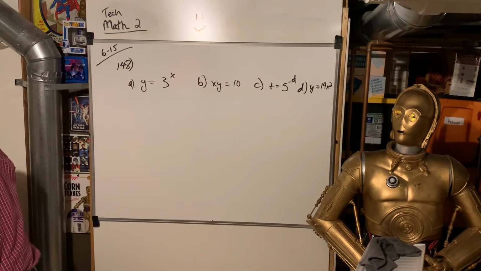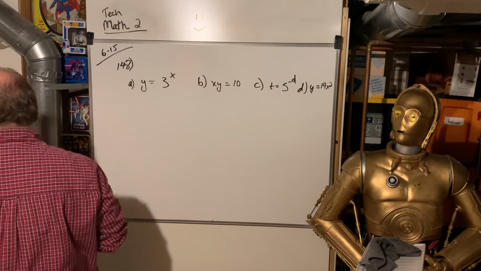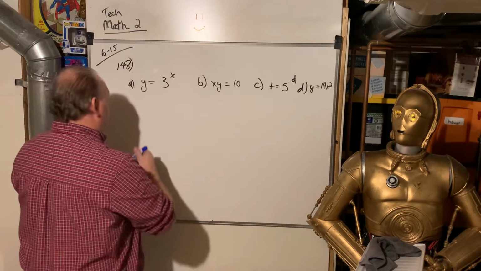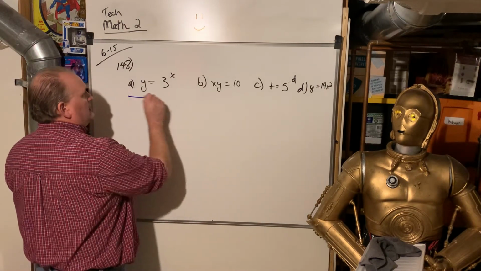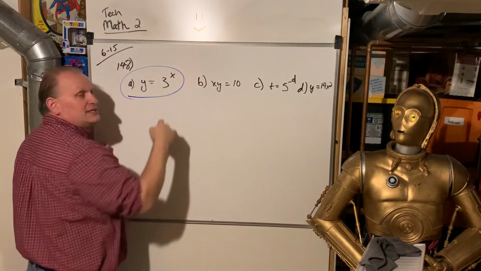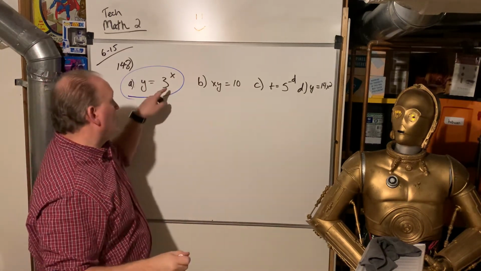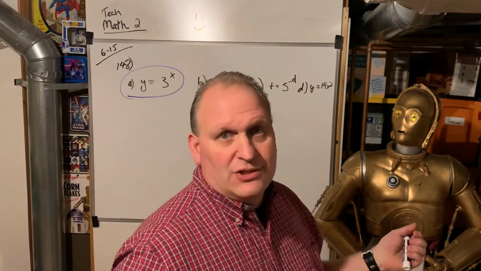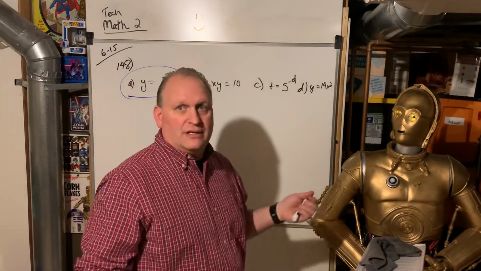Well, to be an exponential function, it has to have a base, and then the variable has to be in the exponent. So this one is exponential, because the base is 3, and then the power is x, and so that would be an exponential growth, because if the number is bigger than 1, it's growing with each iteration. As you put in 1, 2, 3, 4, you'll get larger numbers.